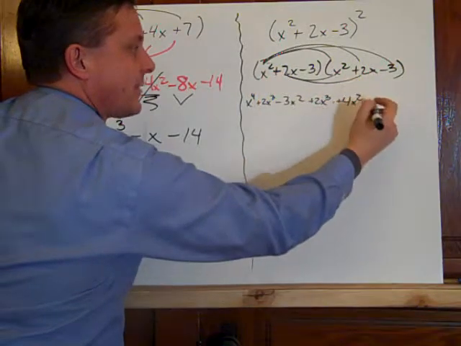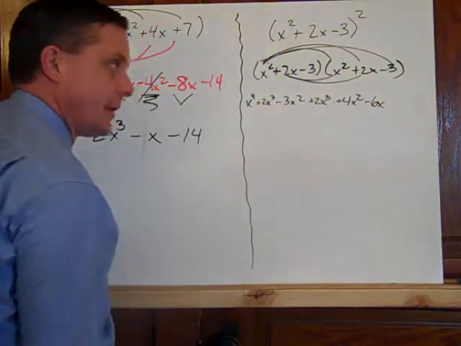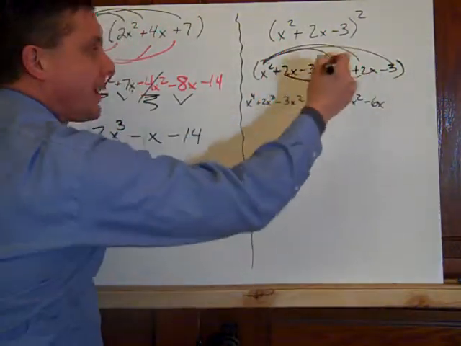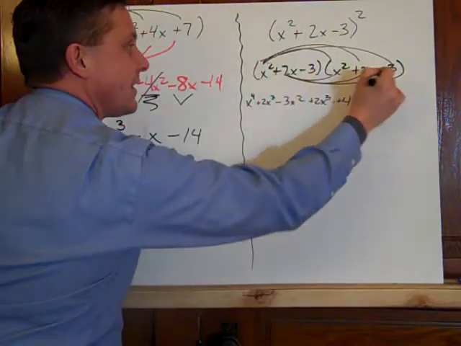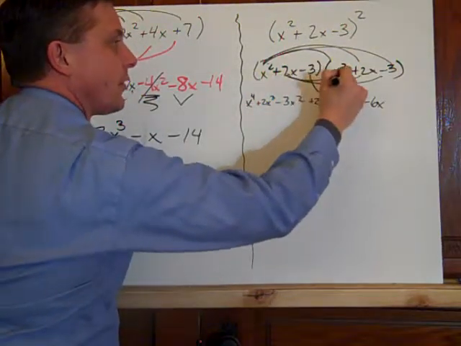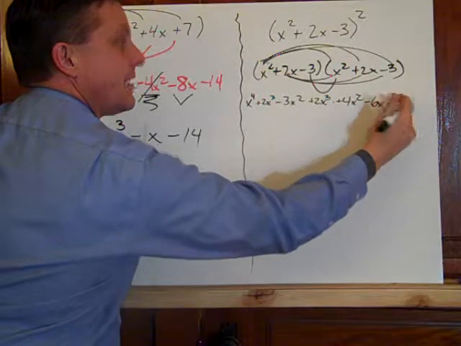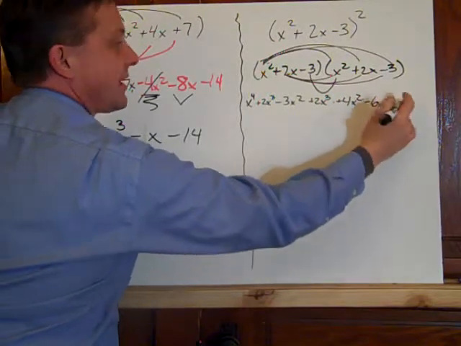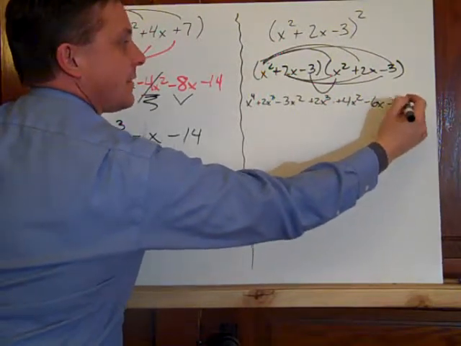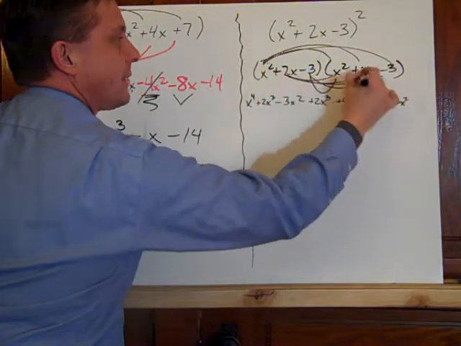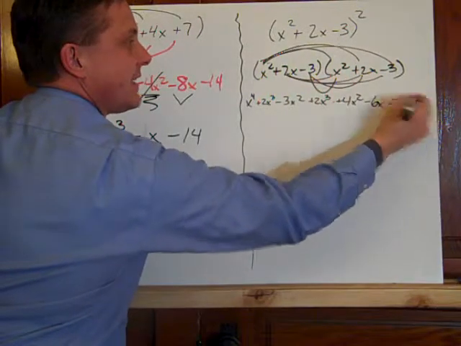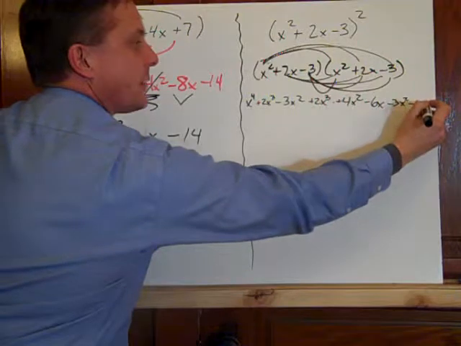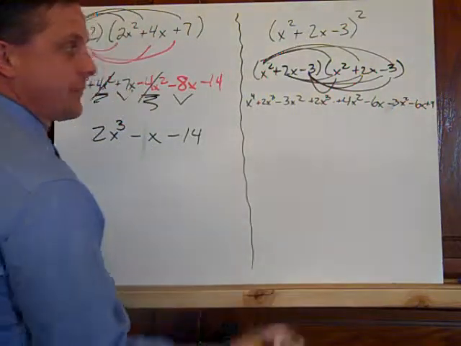And then 2x times negative 3 is negative 6x. Still have one more number to multiply in. The negative 3 has to multiply in yet. I'm going to make big loops here. Negative 3 times x squared, negative 3x squared. Watch your signs. I'm making mistakes here. Negative 3 times 2x, negative 6x. Negative 3 times negative 3 is a positive 9.